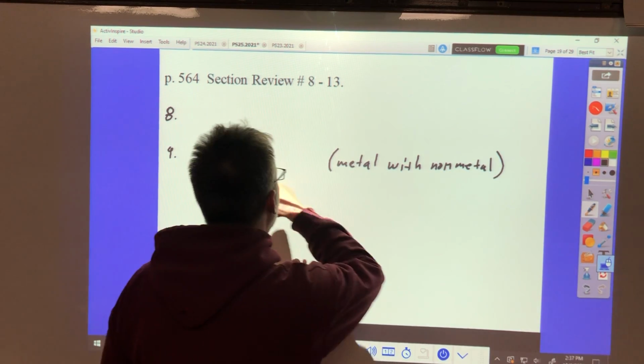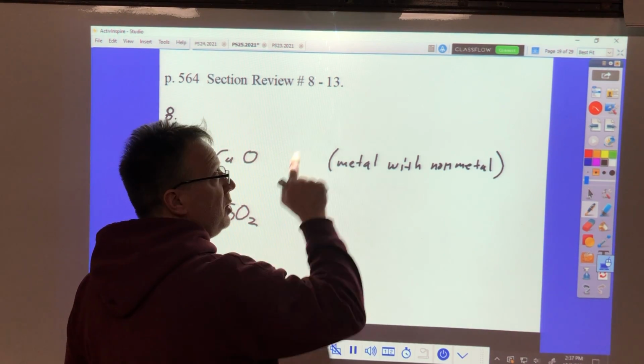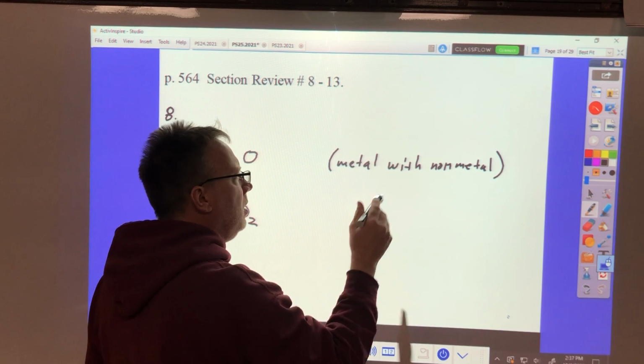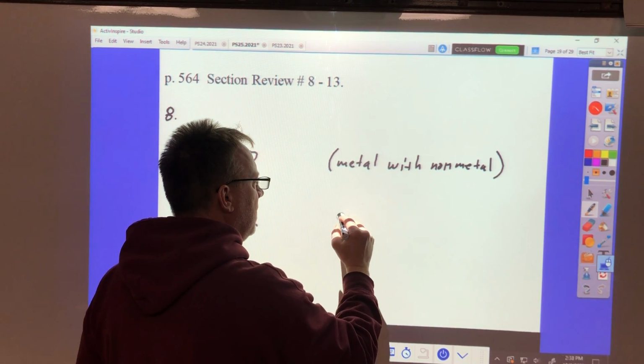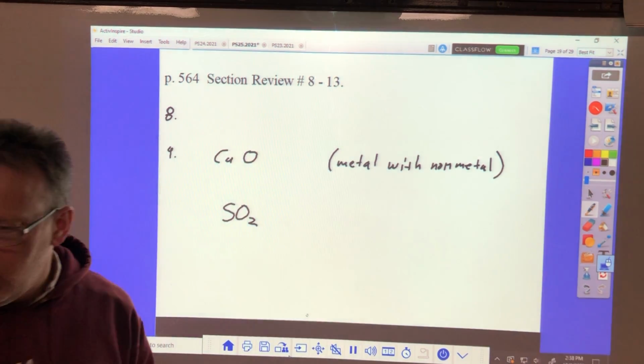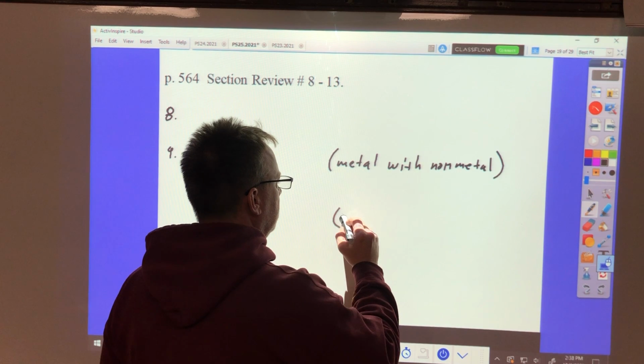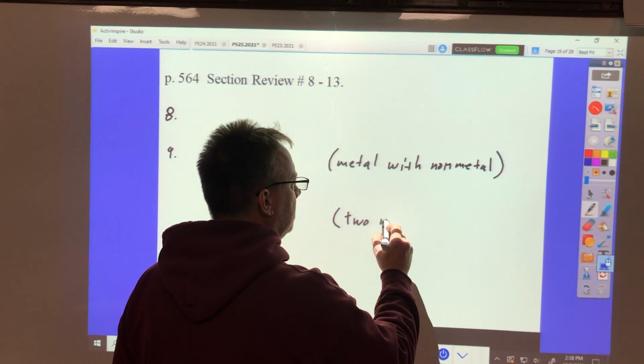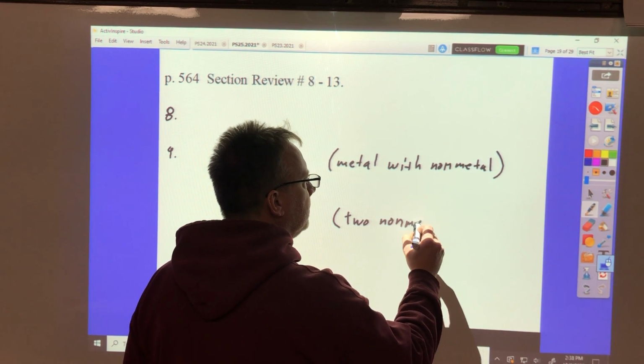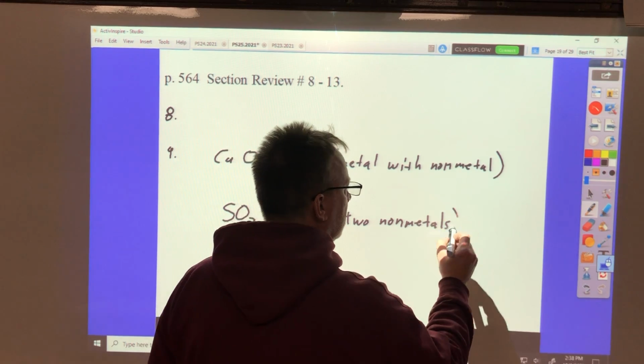So this one's going to give electrons, this is going to take electrons. And this one, we have two things in the upper right hand corner. This is going to be between two non-metals, and they're going to share.